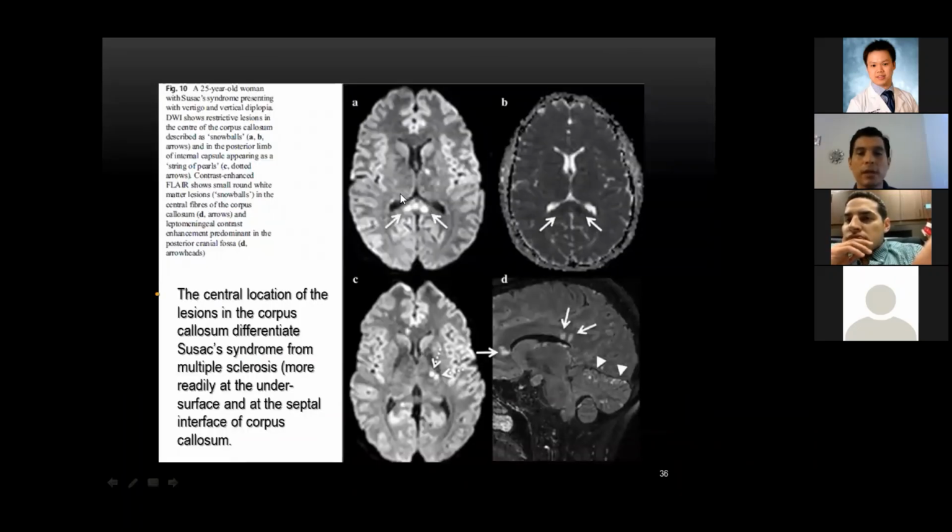In this other case, this is a pathognomonic sign in the center of the corpus callosum. This is not in the undersurface or the septal interface of the corpus callosum, like in multiple sclerosis. This is another way to differentiate, in this case with restriction.